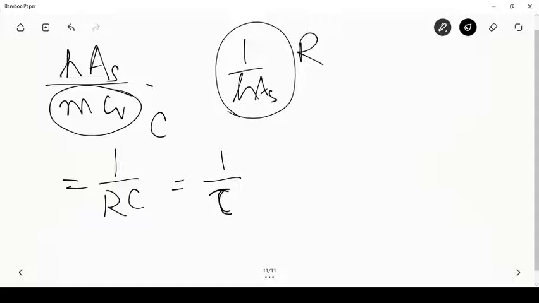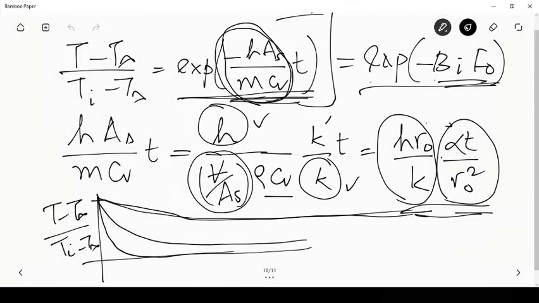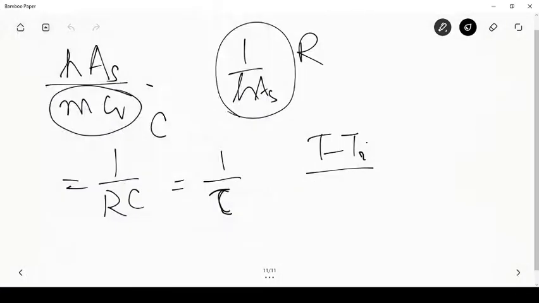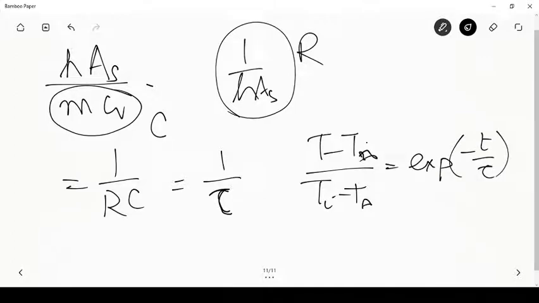So you have T minus T infinity divided by Ti minus T infinity is equal to exponent of minus t by tau, where this tau is nothing but this RC, which is therefore going to be equal to MCV divided by HAS.